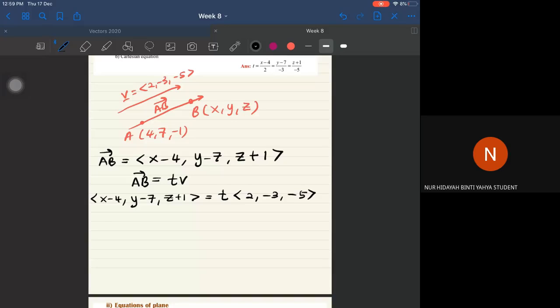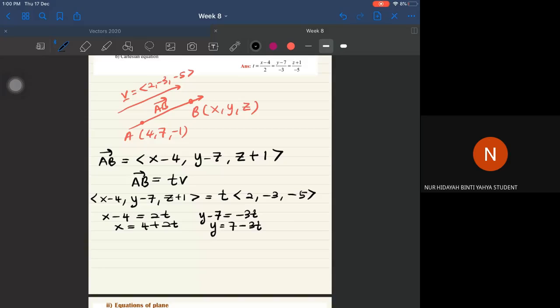So the first one, x minus 4 is equals to 2t. So x is equals to 4 plus 2t. Second one, y minus 7 is equals to negative 3t. So your y is equals to 7 minus 3t.